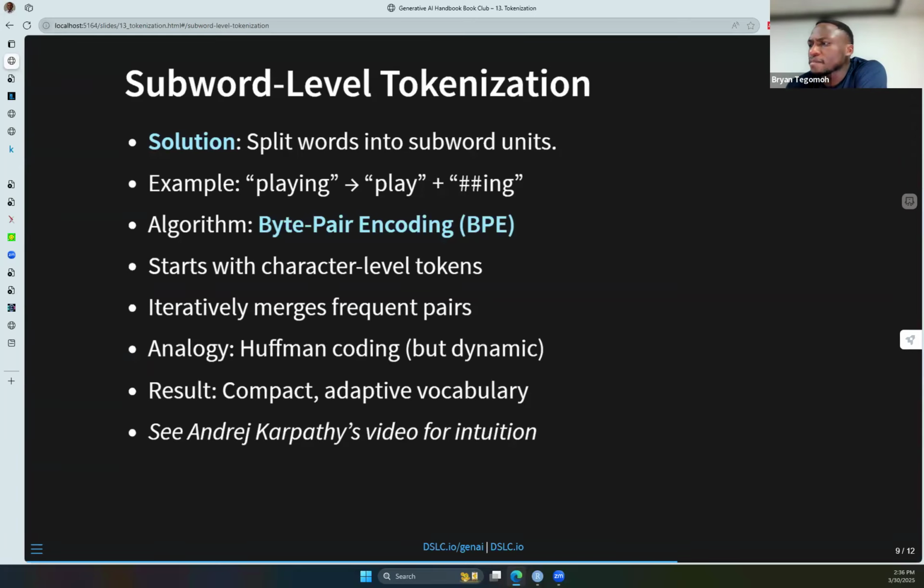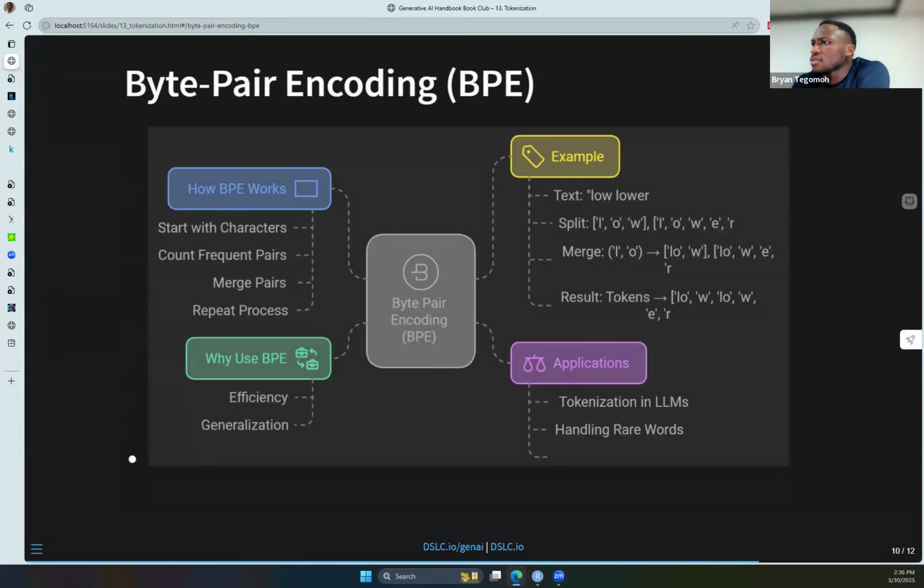There is a video on Karpathy's channel on that as well, which I would encourage you to review. The whole idea behind byte pair encoding is that it starts with characters, then you count frequent pairs, merge the pairs, and repeat the process.